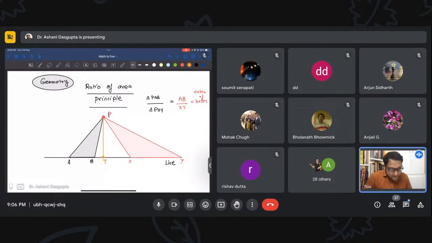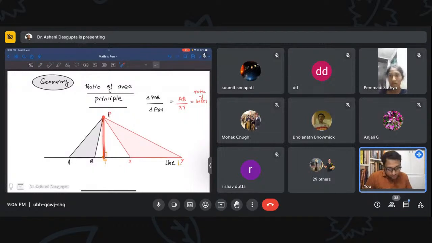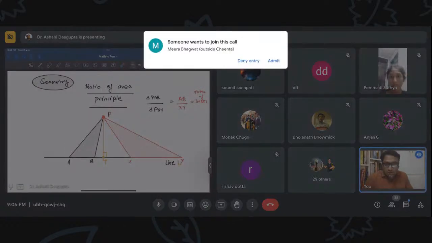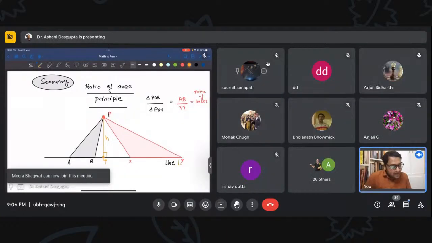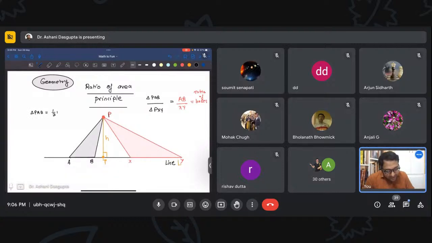Correct. So if PT is the perpendicular dropped from the point P on the line L, this is the height of both of these triangles. Let's call this height H. So the area of PAB is half into H into AB, and the area of PXY is half into H into XY.